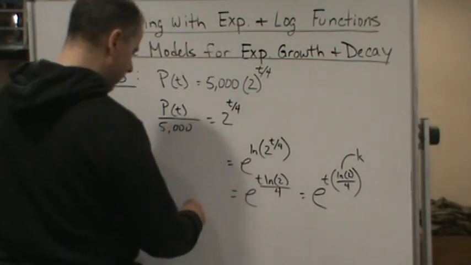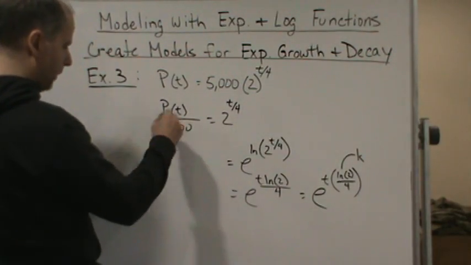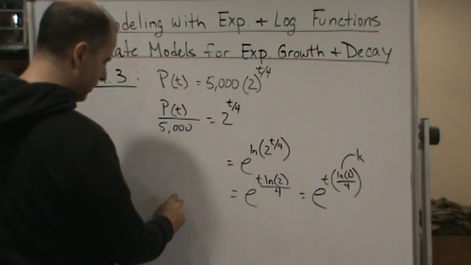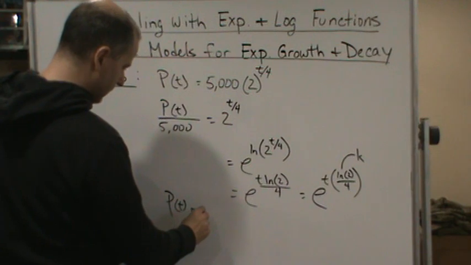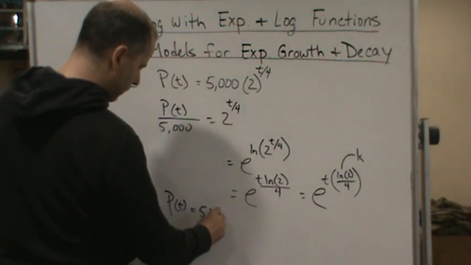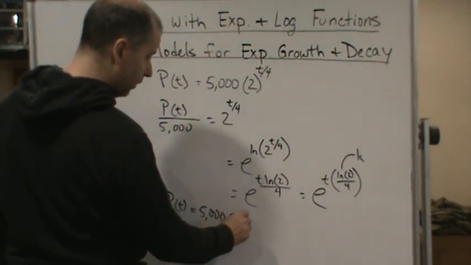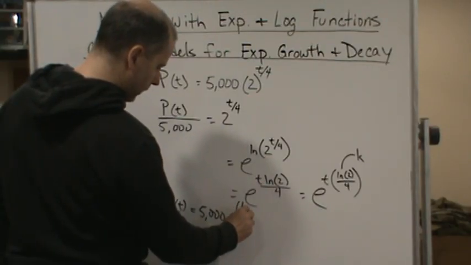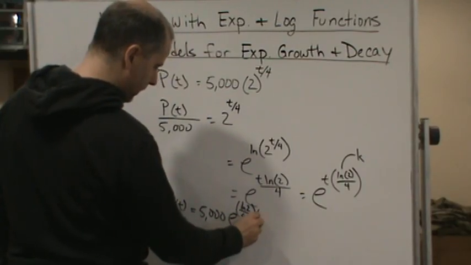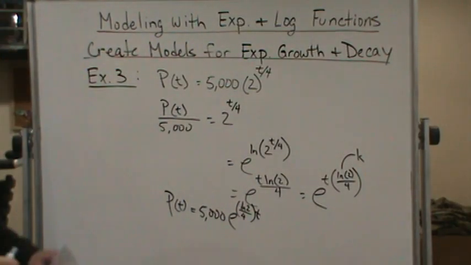So now the equivalent expression, now I can multiply back 5,000 on both sides, and so our new expression becomes P of T is equal to 5,000 e to the what? Natural log of 2 over 4 times t. And there's our equivalent expression, but with a base of e instead of a base of 2.